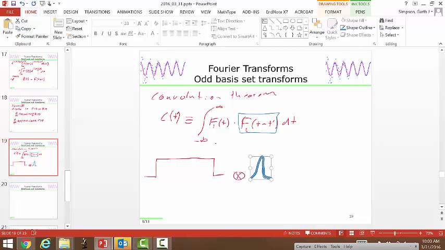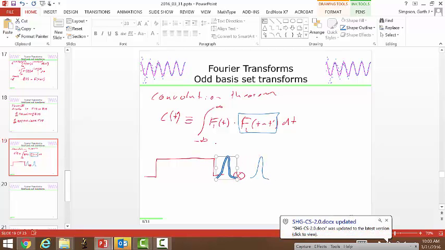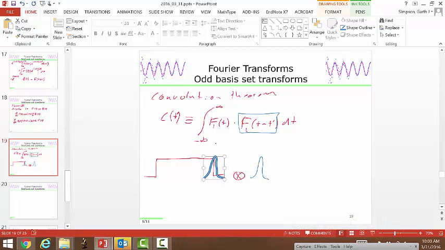Okay, so as I slide this function across, the integral is 0 because they don't overlap, right? And then as it starts to overlap, the integral increases, and it keeps on increasing until it saturates, it plateaus, right? And then it stays plateaued. And then it starts sliding off the back end and decreases again. That worked out way better than I anticipated it would, by the way.